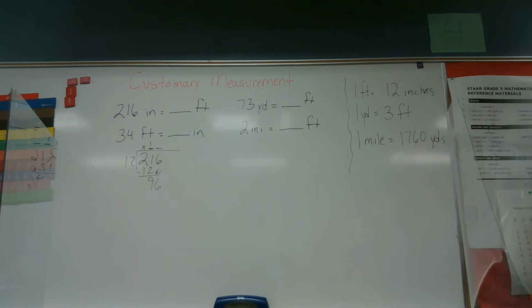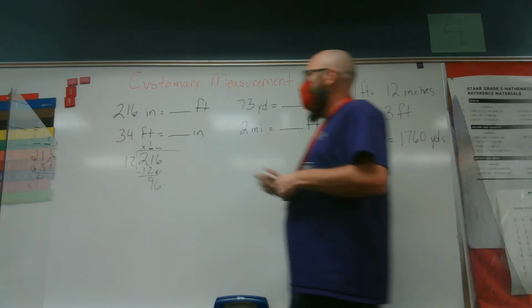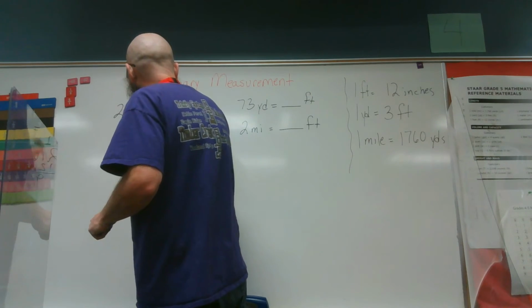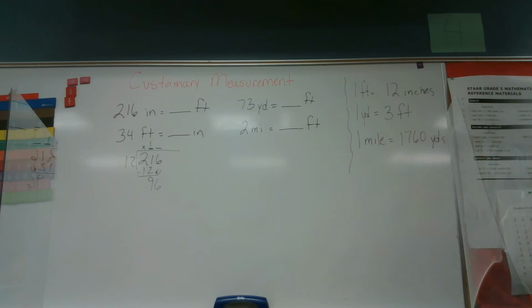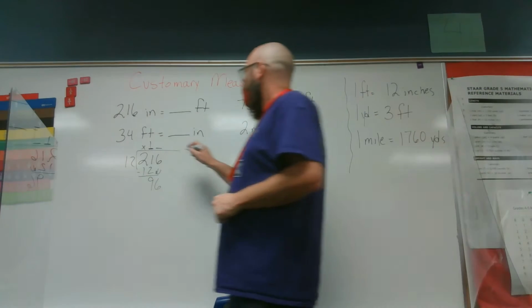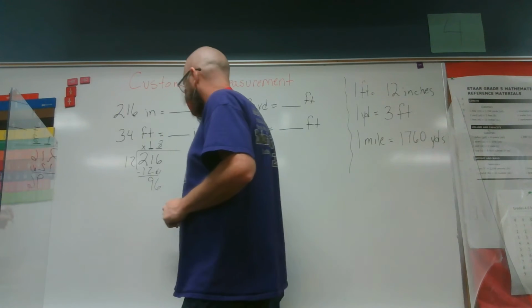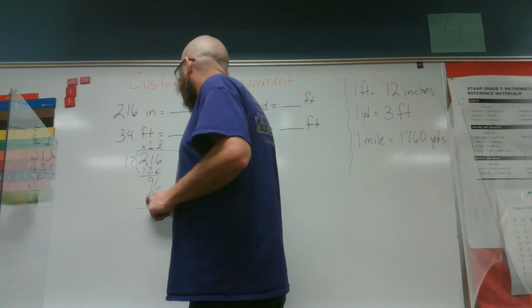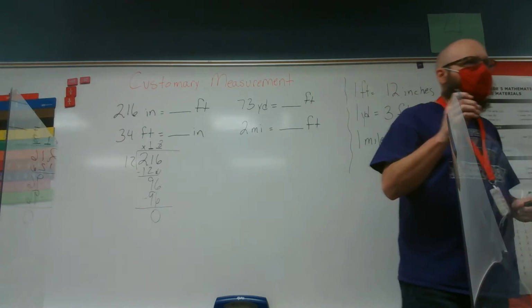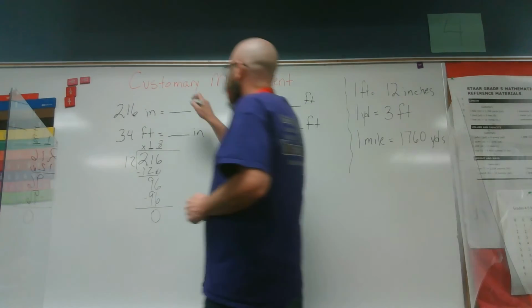Yeah. Now we have 96. We have to figure out how many times 12 goes into 96, which is 8. And 8 times 12 is 96. And so 216 inches equals 18 feet.